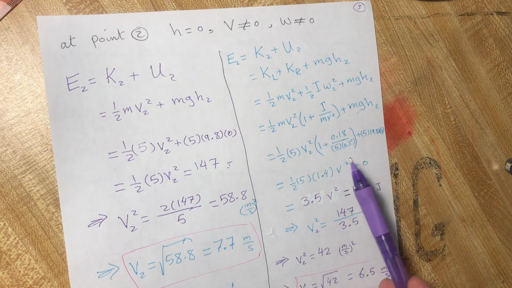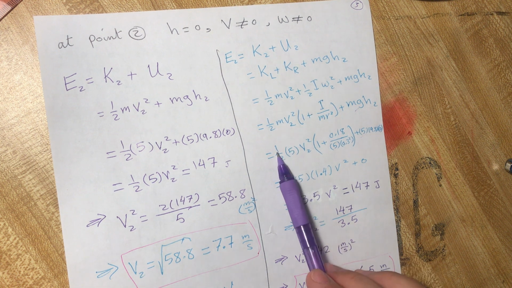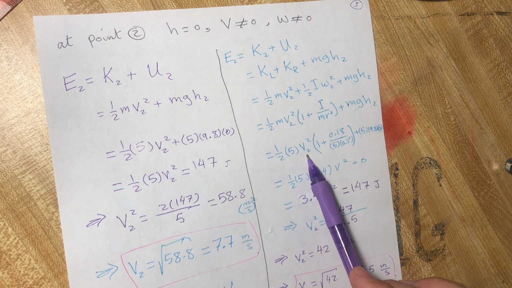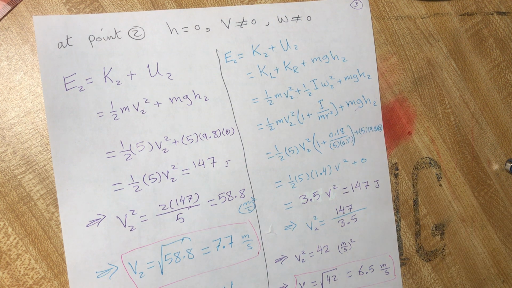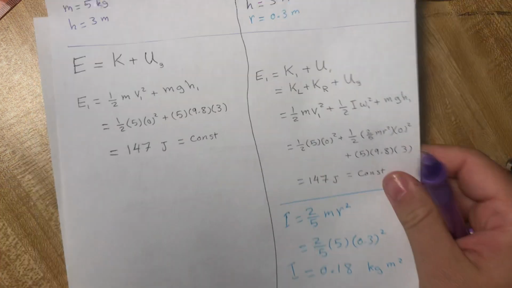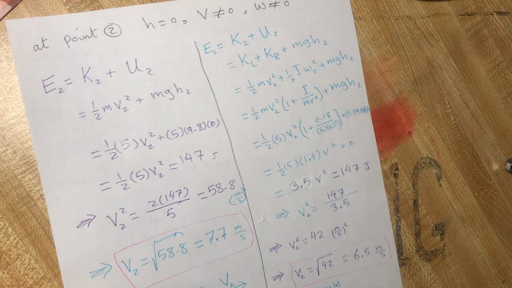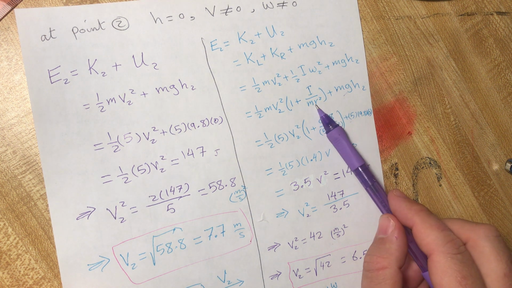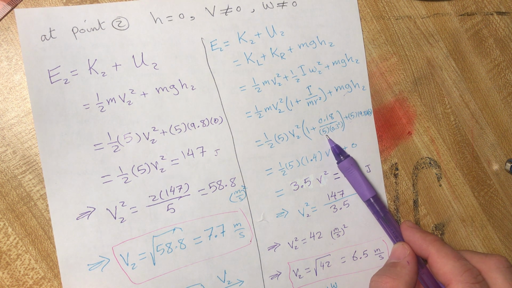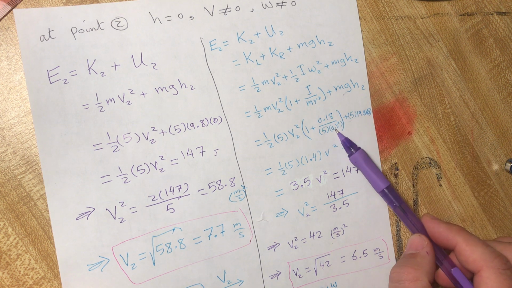I need to put the numerical values. Now half is half, m is 5, v is unknown, 1 is 1, I found it now here, which is 0.18, over m is 5, the mass for this solid sphere, and r is 0.3.